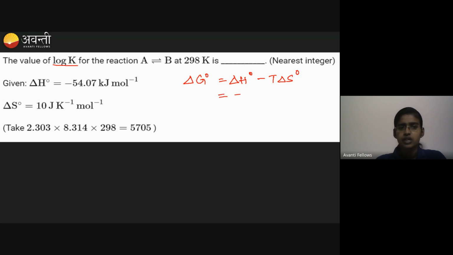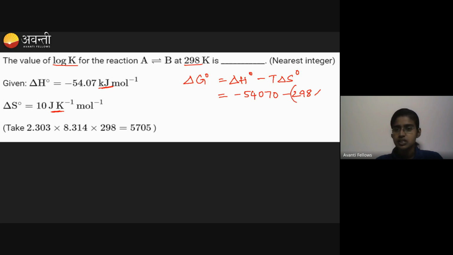So what is delta H? Minus 54 kilojoule. But we have to represent it in terms of joule, so multiply by 10 power 3. So it will give you minus 54070, minus temperature, which is 298 Kelvin, into delta S naught.